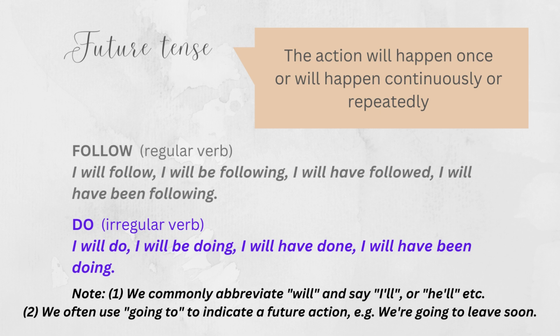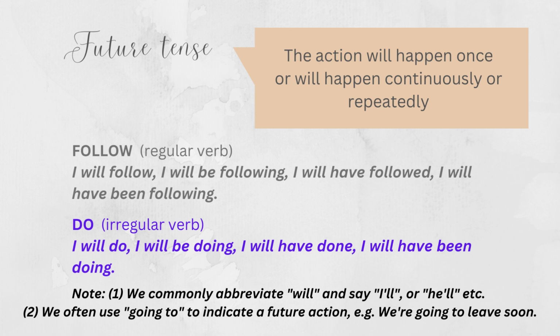I will follow is just one simple action that will happen in the future. I will be following, that would be continuous or repeated. And the last two, I will have followed and I will have been following, sometimes called the future perfect tense. They indicate an action that will be completed in the future.